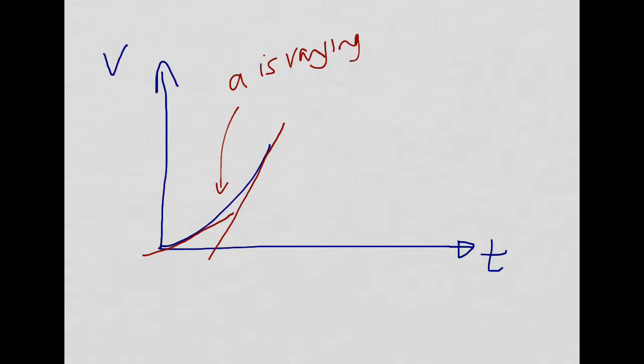So I've drawn tangents at different points on my curve, and because on the first tangent, which I'm going to call tangent 1, the gradient is less than at tangent 2, we can say the acceleration is increasing on that curve.